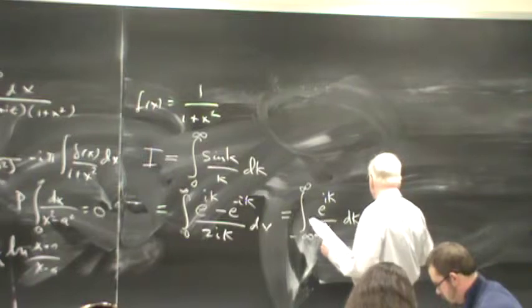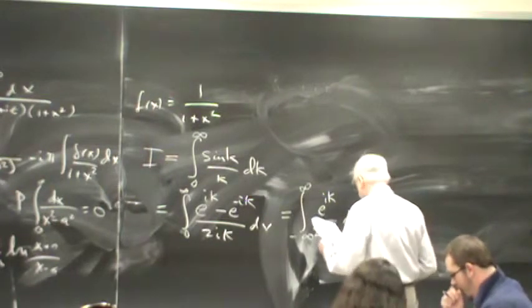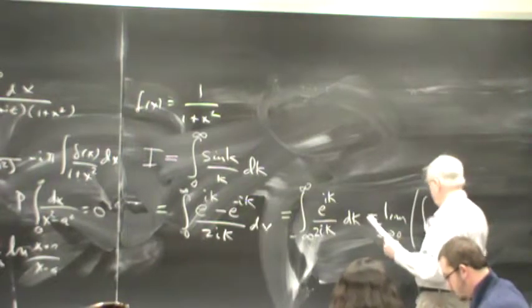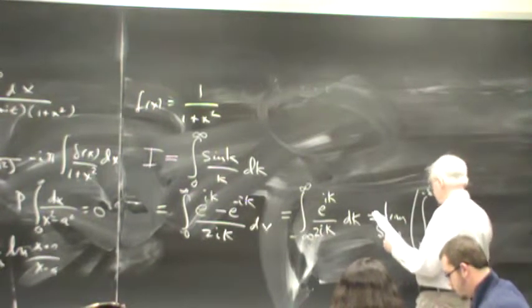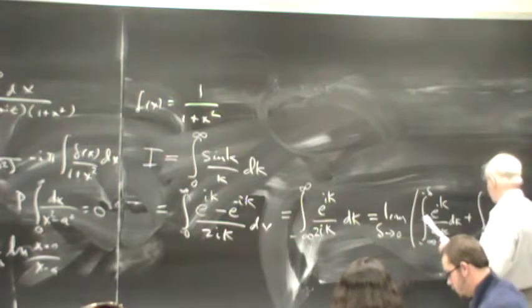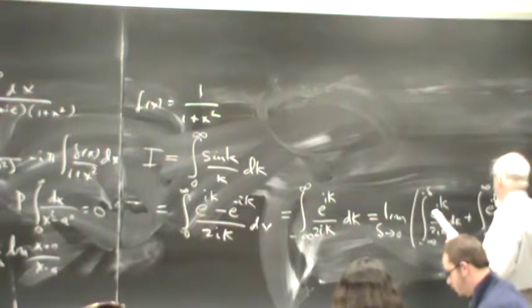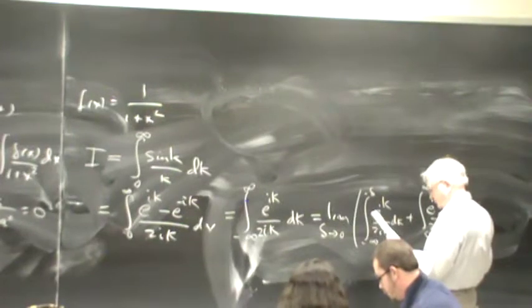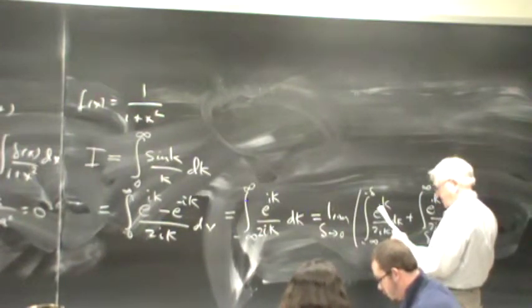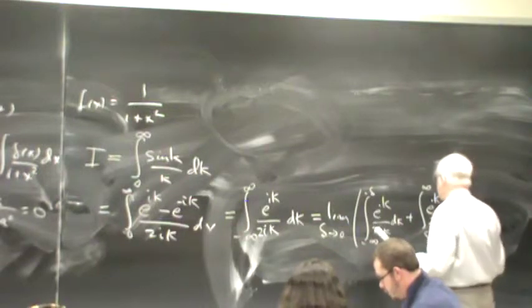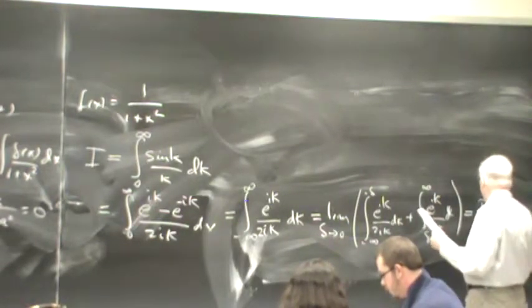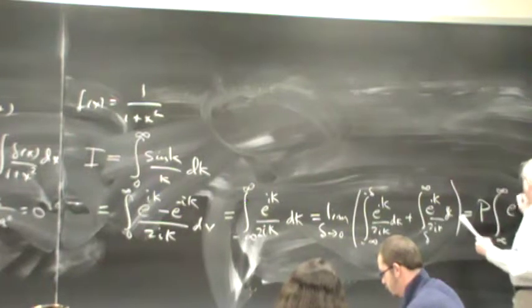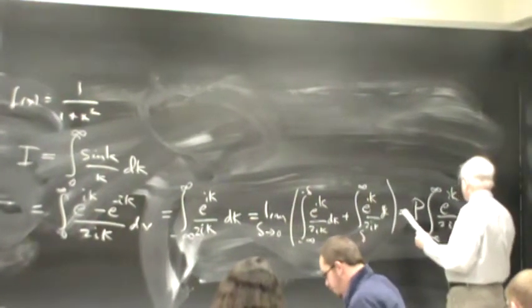In other words, it's the limit as delta goes to 0 of the integral from minus infinity to minus delta of e to the i k over 2i k dk, plus the integral from delta to infinity of e to the i k over 2i k dk. So that's the principal part. There's no i epsilon, so we're basically interpreting this as the principal part of e to the i k over 2i k dk.